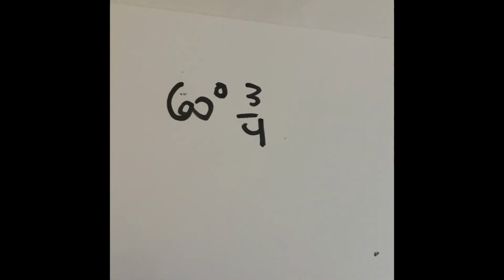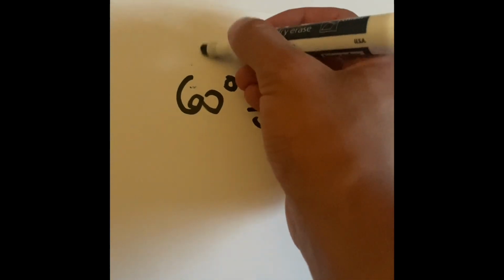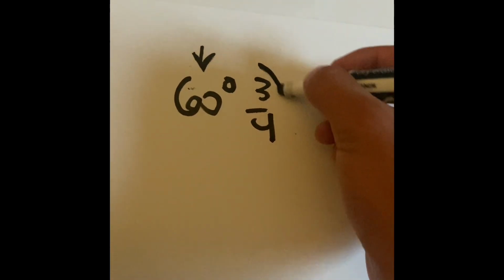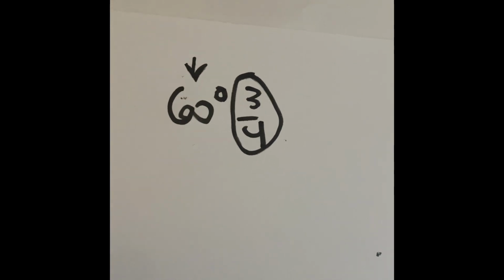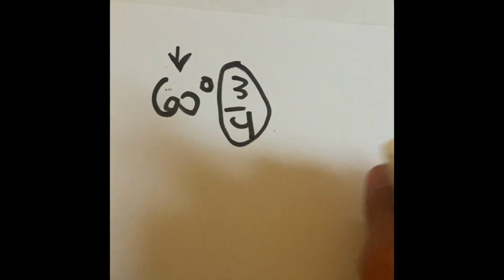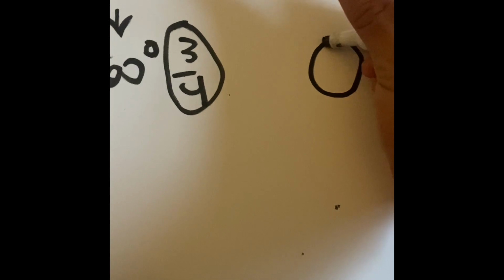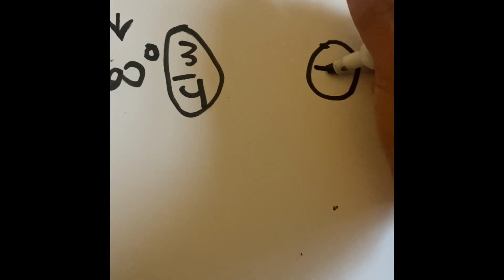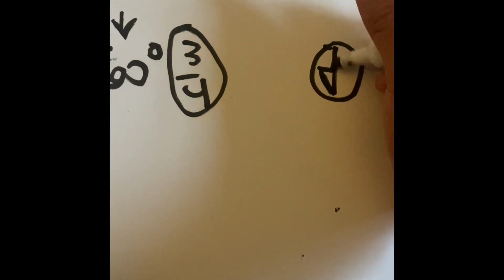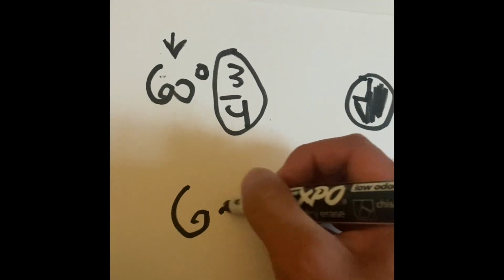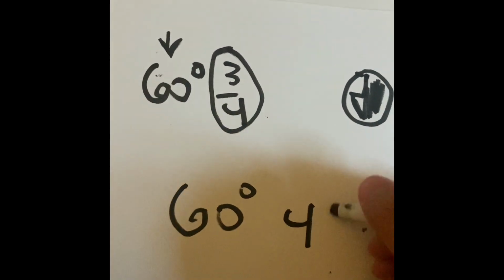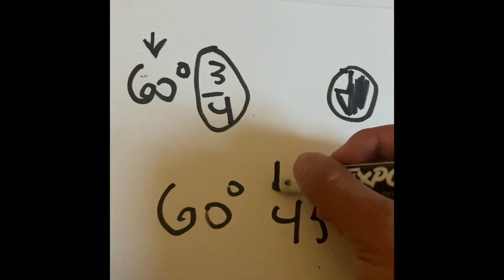What is the time? So we leave the degrees right here, and we have to handle the fraction and turn it into minutes. If we look at 3/4 of a clock and we draw a diagram, this is basically 3/4 right here. So we can say that it is 60 degrees and 45 minutes.